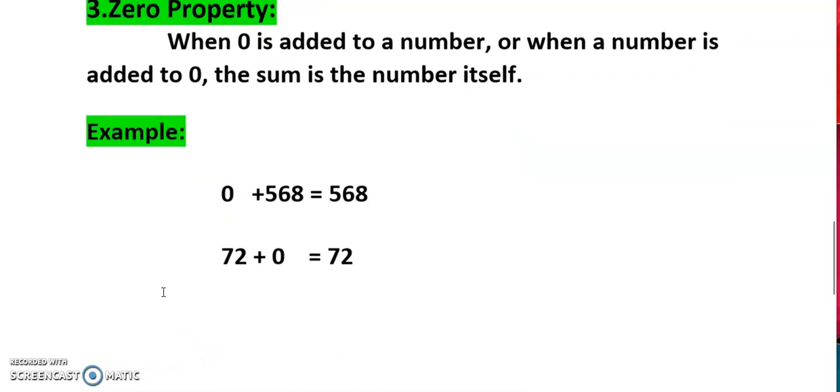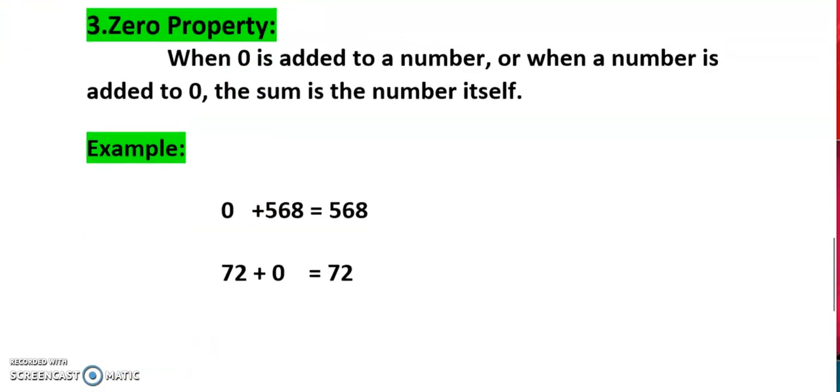Next, third one, zero property. In zero property, when zero is added to a number or when a number is added to zero, the sum is the number itself. So, if you add 0 plus 568, you will get the number itself, 568. Otherwise, 72 plus 0. If 0 is added to any number or a number is added to 0, you will get the same answer.